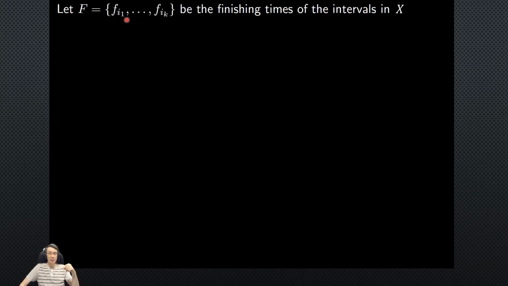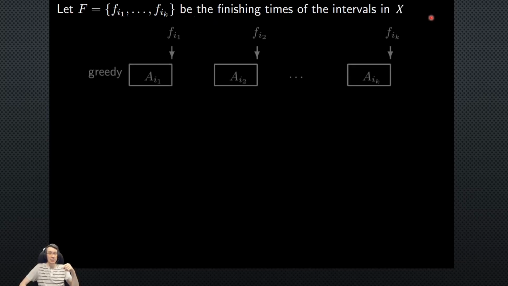So let F be the finishing times of the intervals in the array X that we return. So X is the greedy solution. These are the finishing times. They're ordered by their finishing times, right? So these are the greedy intervals.